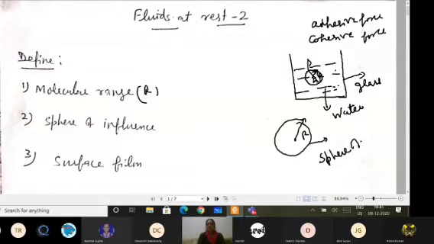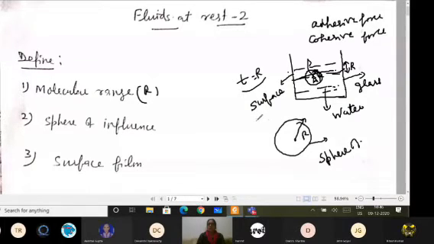If I take a film on the uppermost layer having thickness equal to the molecular range, that makes the surface film. Write it: the thickness of the uppermost film T equals R, thickness equals the molecular range, that is making the surface film.